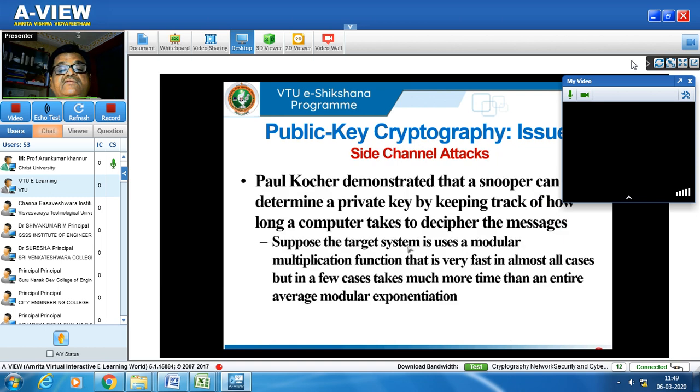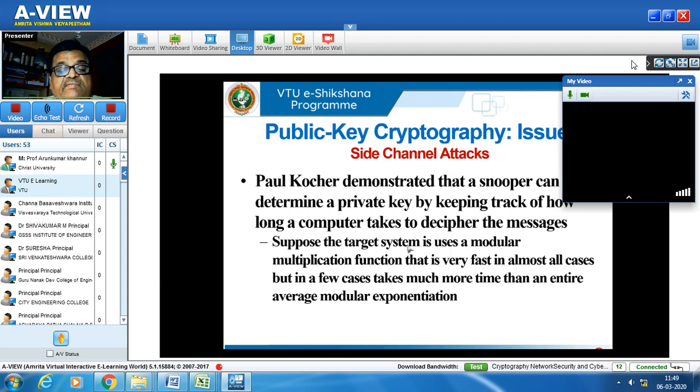Next one is side channel attacks. Paul Kocher demonstrated that a snooper can determine a private key by keeping track of how long a computer takes to decipher the message. So when message is being sent, which will be in the digital form, from left to right, we go on checking it up.